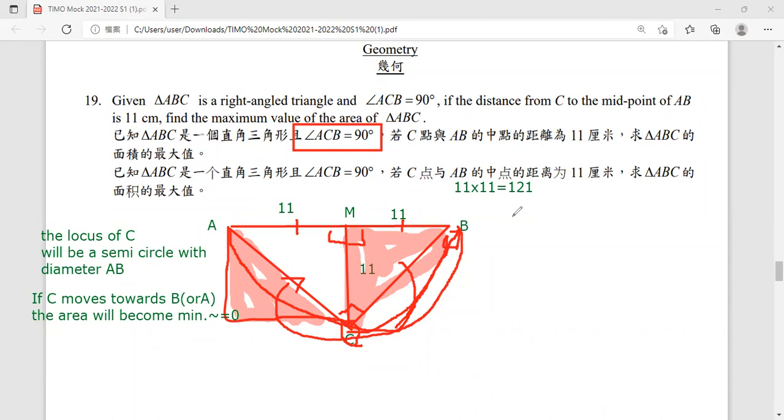It doesn't matter if it's an isosceles triangle or not. You can prove AM equals BM equals CM if ACB is 90 degrees, by using some geometry.